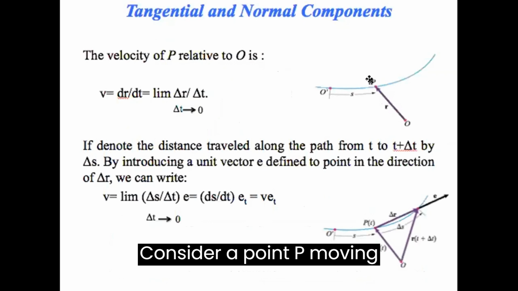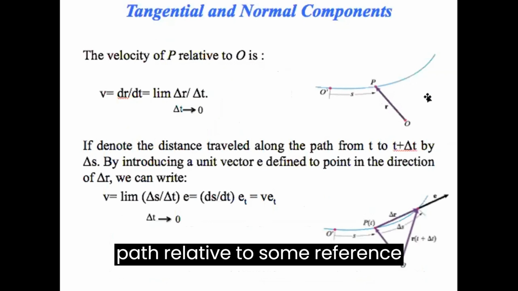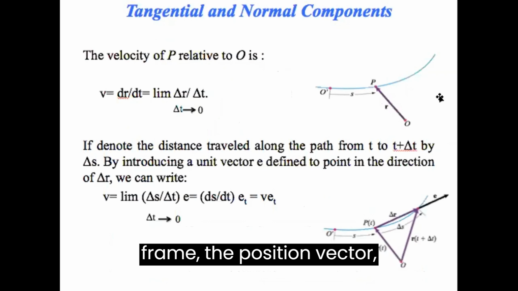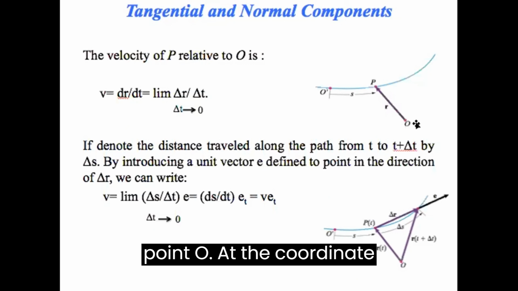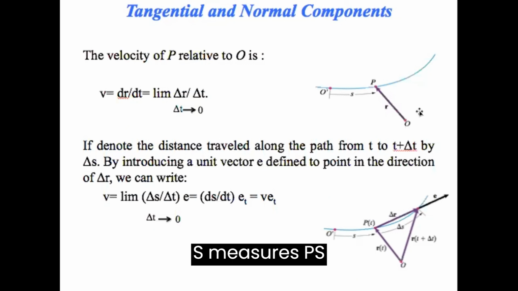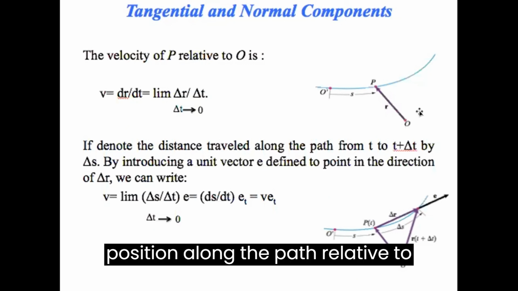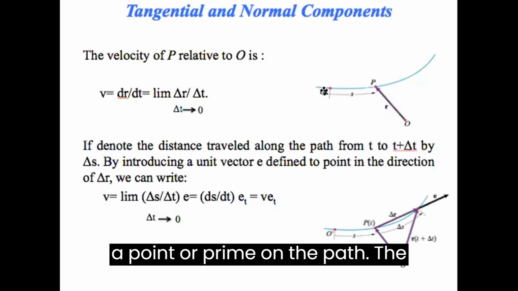Consider a point P moving along a plane curvilinear path relative to some reference frame. The position vector R specifies the position of P relative to the reference point O. The coordinate S measures the position of P along the path relative to a point O prime on the path.